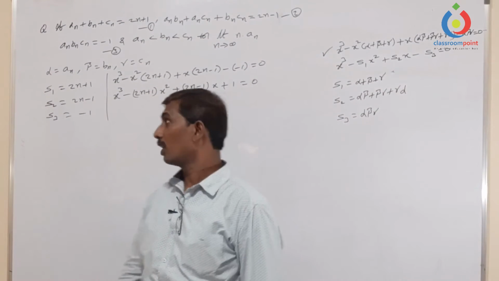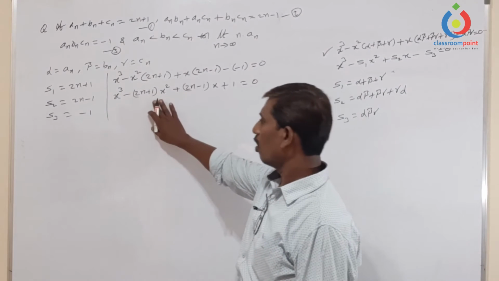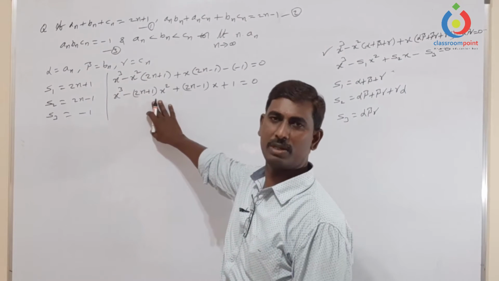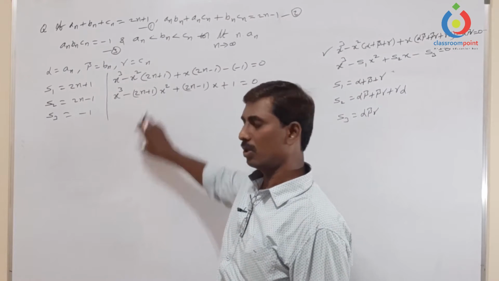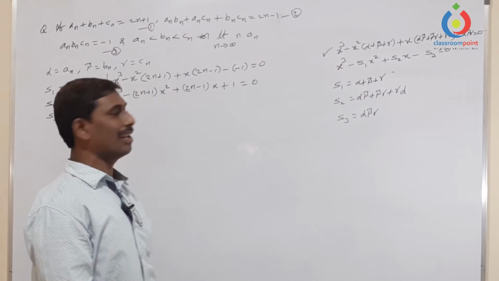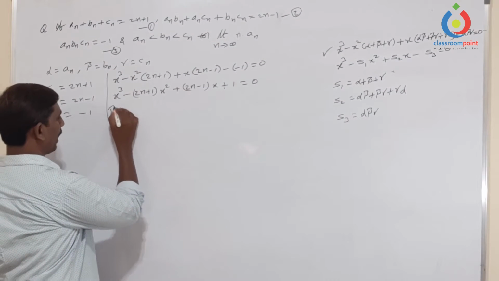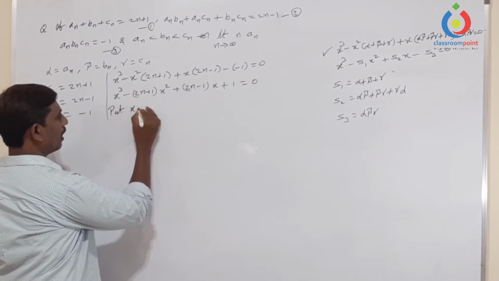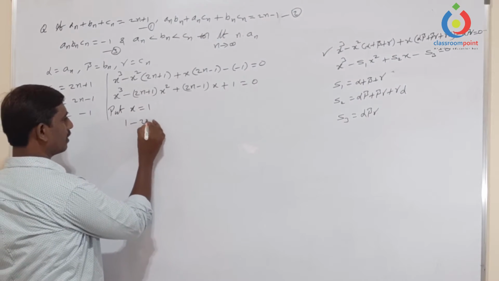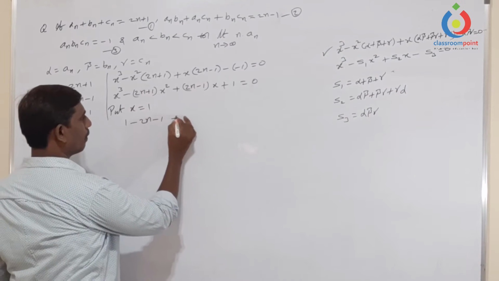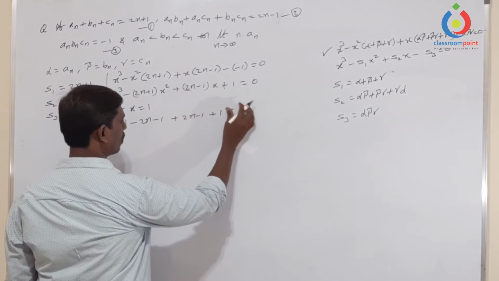Right? Now what to do here? See, what are the factors? How many roots do we have? Cubic means at most 3 roots. Out of 3 roots, we will check one by the trial and error method. Put x is equal to 1. Then we get 1 minus (2n plus 1) plus (2n minus 1) plus 1 is equal to 0 or not.